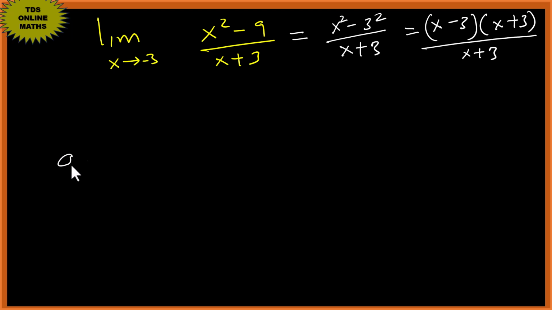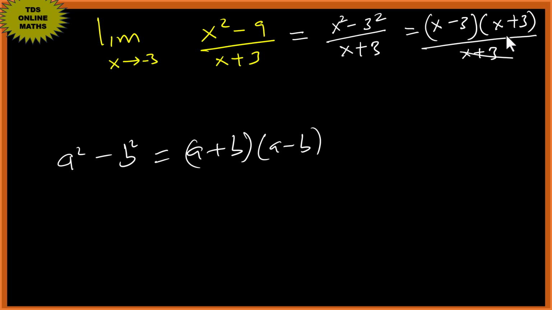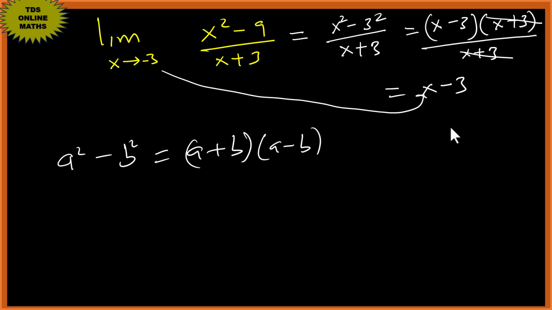Remember, a squared minus b squared is the same as a plus b times a minus b. So this will straight away cancel this, and I'm left with x minus 3. We can straight away plug in the limiting value: -3 minus 3, which is -6.